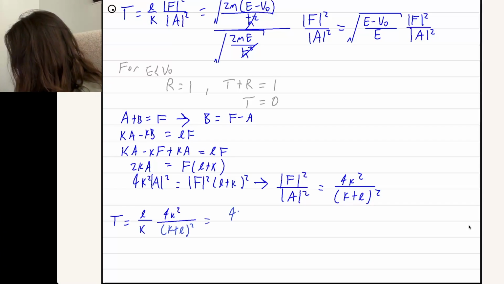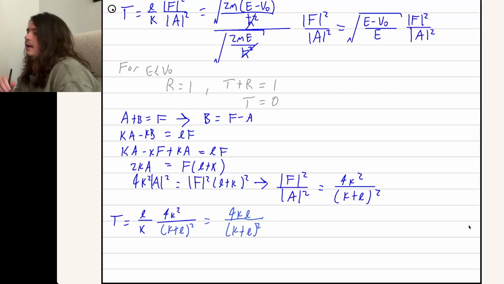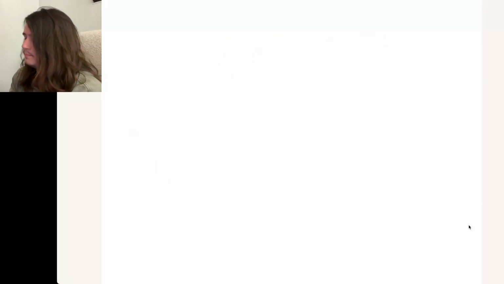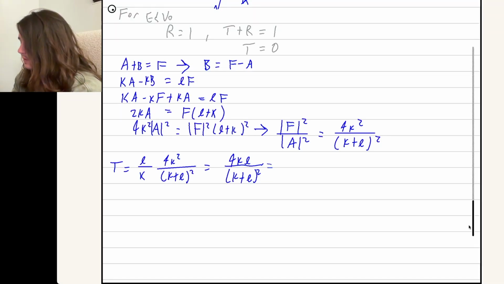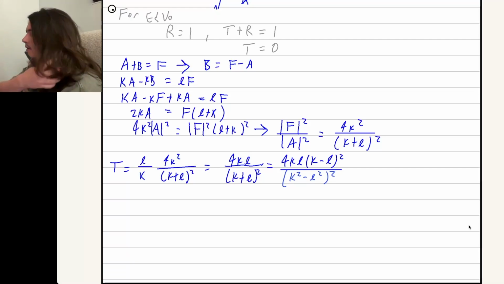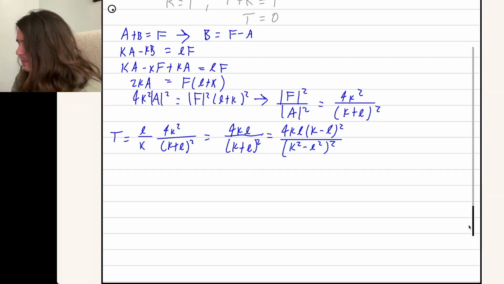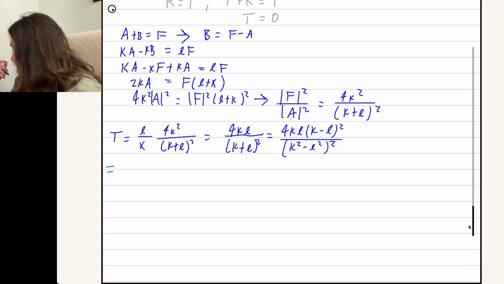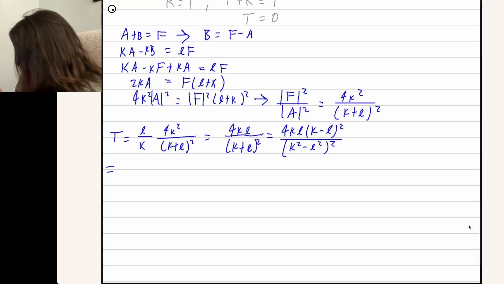And so we do get a little bit of cancellations of K's, but not that much, before we have to start messing with this again. And this time, again, we're going to multiply the top and bottom by K minus L squared. Same trick as before. So this is K squared minus L squared, all squared down here. But now expand what K and L are in each thing.